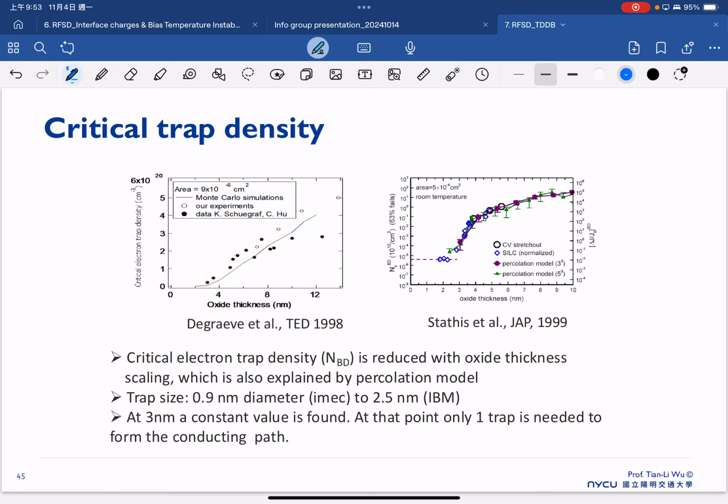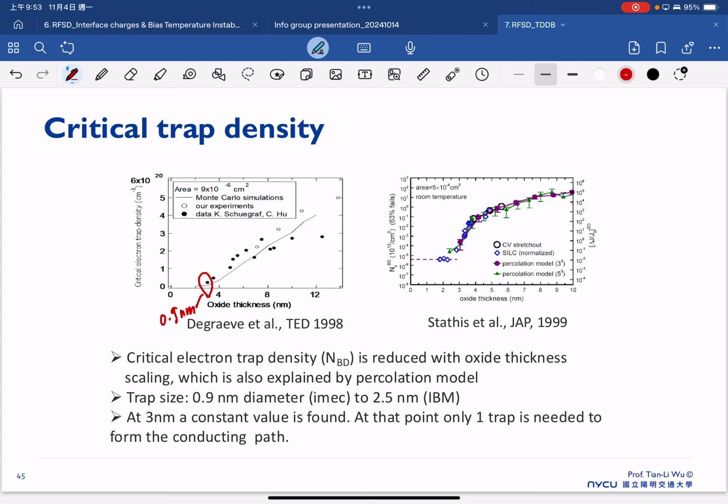And from these results, we can see probably once we thin our dielectric below 0.9 nanometer of oxide, then we only need one trap, one defect, to form the percolation path.